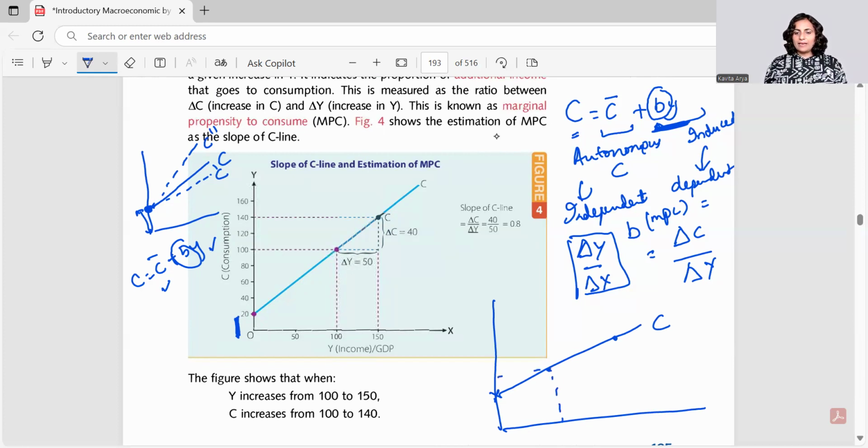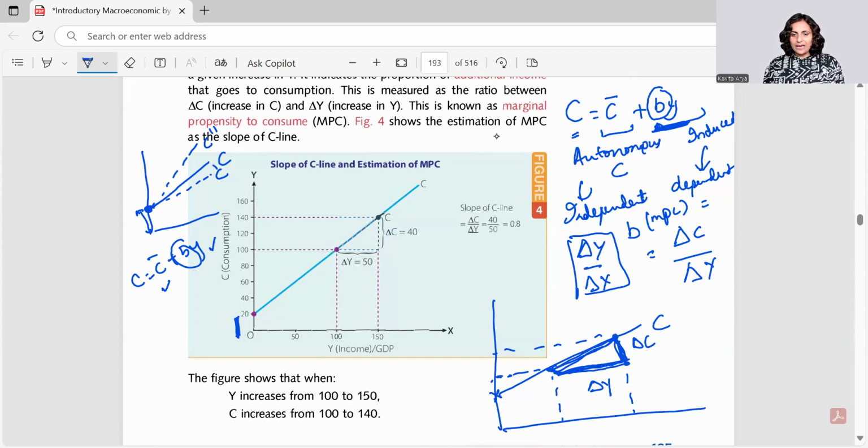You have some values of C and Y at this point, and some values of C and Y at this point. So what change has been brought when you move from this point to this point? The change is this much increase in terms of income, and this much increase in terms of consumption, because at this point your consumption level was this, which you would see on the y-axis.